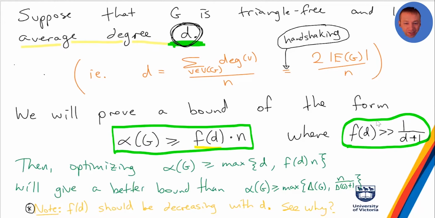And naturally, if you've got more edges, it's going to be harder to lower bound the independence number because the independence number will go down. Exactly. So if you've got a lot of edges, then you probably have a low independence number. So f of d is going to be decreasing as a function of d. And that's going to come in because we're going to look at the derivative at some point, and we can say it's negative. So that's the first condition we're going to assume about f, that it's decreasing.